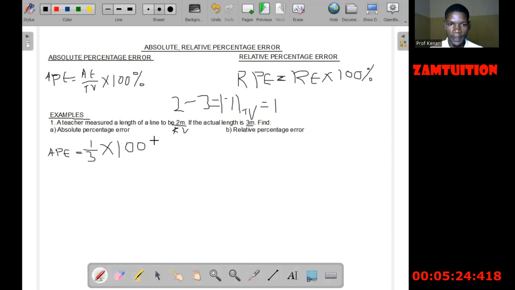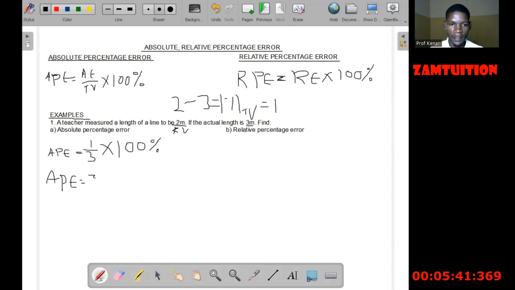Multiply it by 100%. So we multiply it by 100%. So say absolute percentage error is equal to 1/3 of 100.